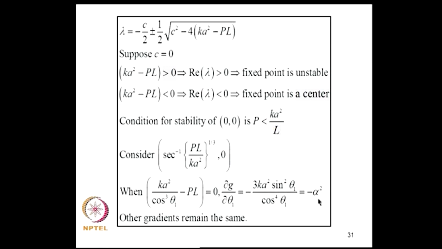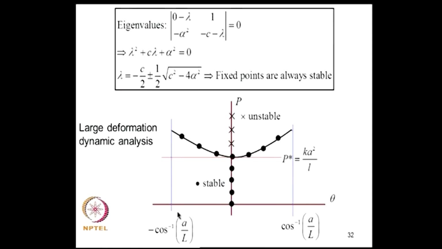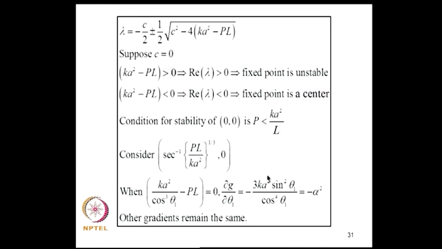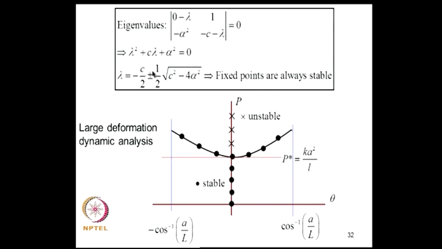This is alpha square minus alpha square, where alpha square is a positive number, and all other gradients are as before. So, the eigenvalues are given by this, where alpha square of course is this messy term, and I get now this equation for lambda, and from this we can see that the fixed points are always stable.